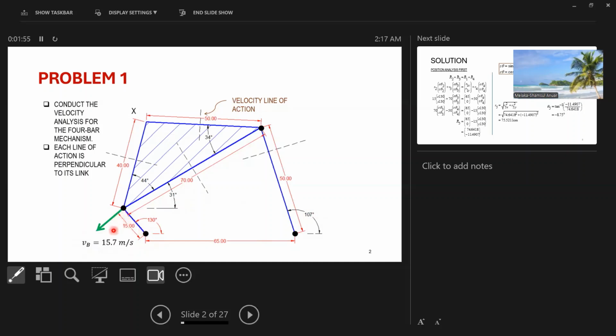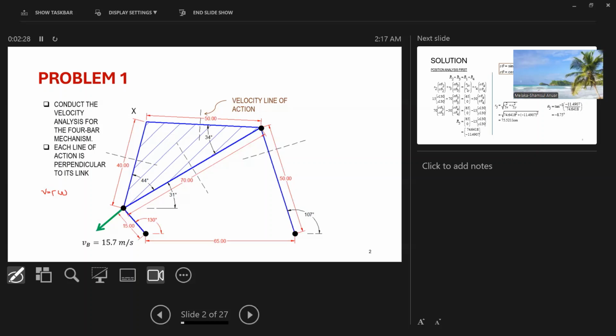All right, so in this case, we are given this information as well, the input link. And from there, actually, we can find what the omega is, because you know that V is equal to omega R. So if you want to find omega, we can find that V over R will be omega.